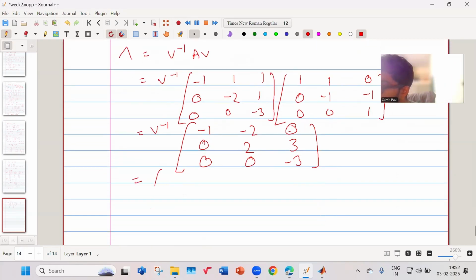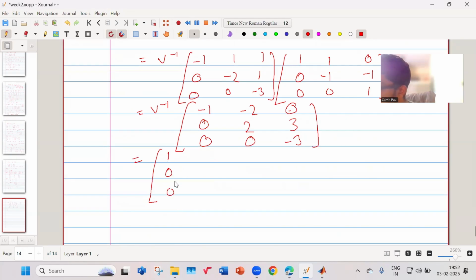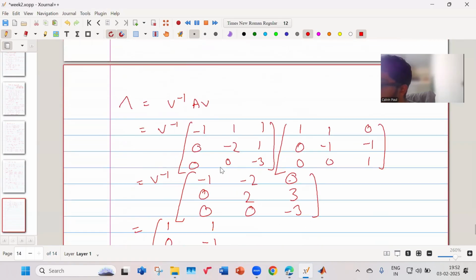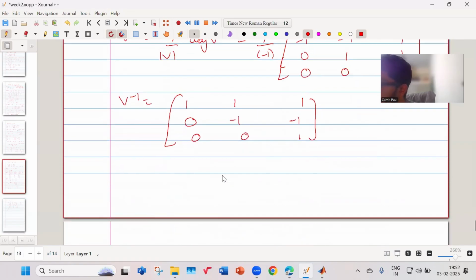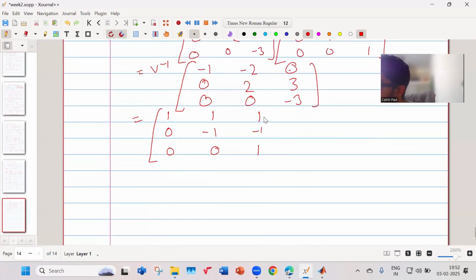So now we have to multiply it with V inverse. That is 1 0 0, 1 minus 1 0, and 1 minus 1 1. Okay, into minus 1 0 0, minus 2 2 0, 0 3 minus 3. So this is 1 into minus 1 and minus 2 into 1, so this actually is minus 1.